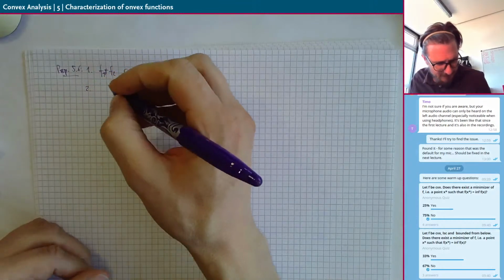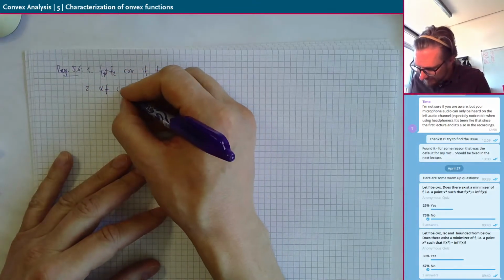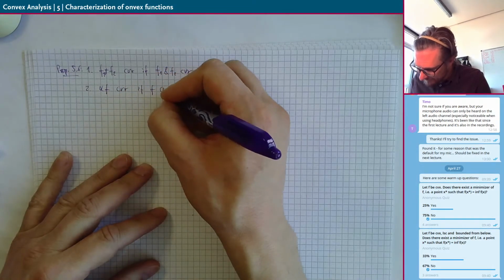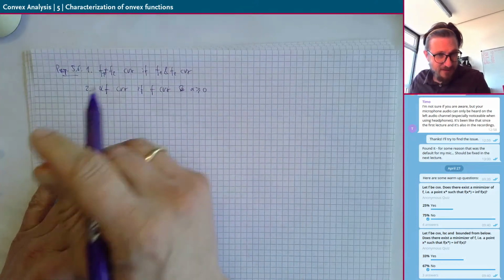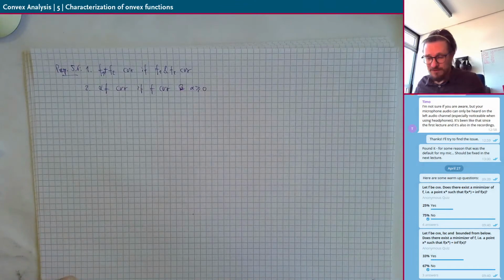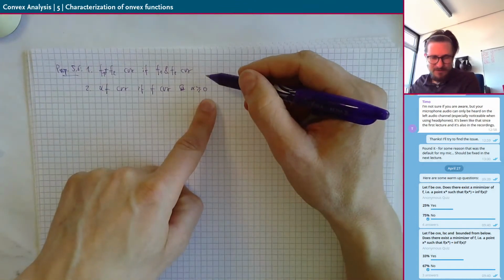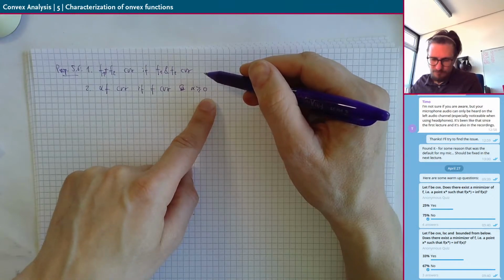Second is that alpha times f is convex if f is convex and alpha is non-negative. It does not work with a negative alpha, of course, then you flip convexity to concavity. So once again, this says that convex functions form a cone. Okay.